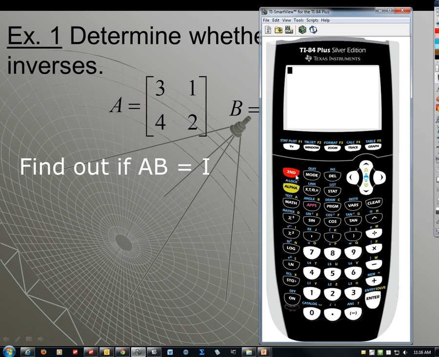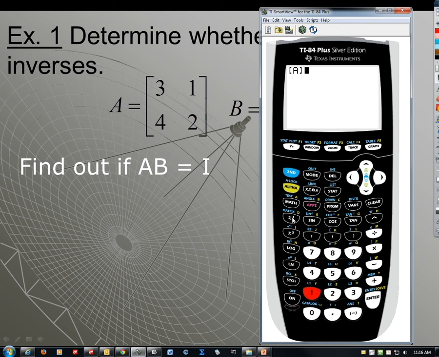And if I call up matrix A, how do you suppose I take the inverse of that? What button on the calculator do you think would do it? What was our notation for an inverse? Yeah, -1 looks like an exponent. That's it right there. That's the inverse button.